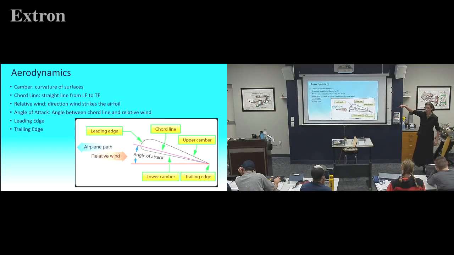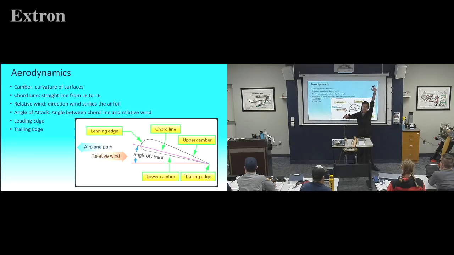I'm going, well, not straight up, but angled up like that. How many would say I have a low angle of attack? Phew, the flight instructor agrees with me. How many say I have a high angle of attack?